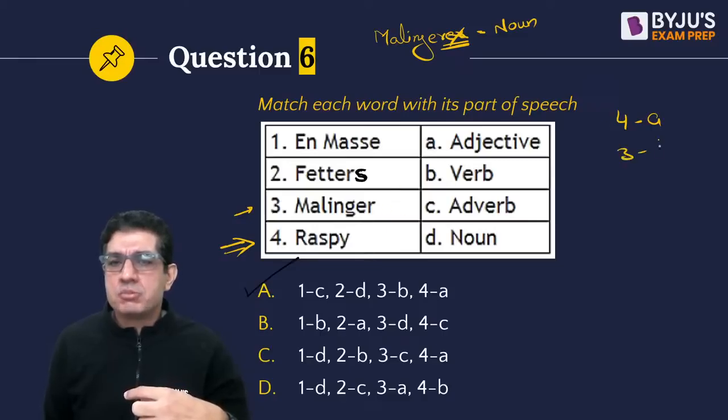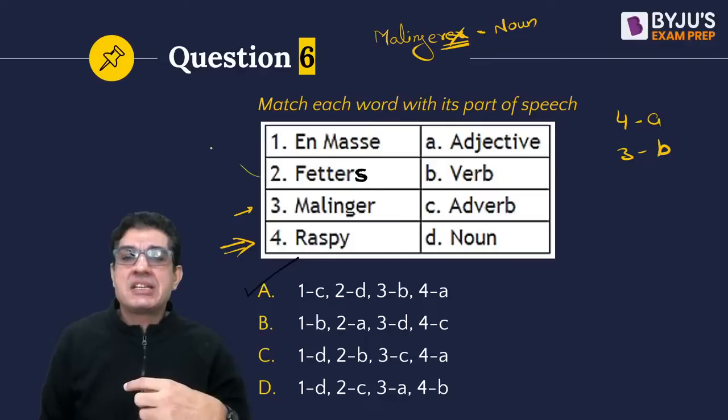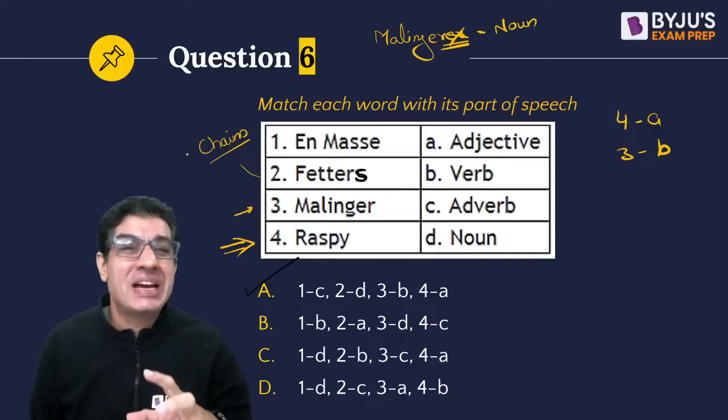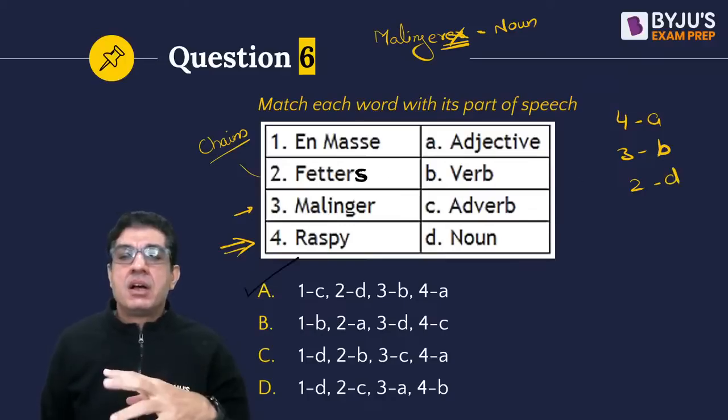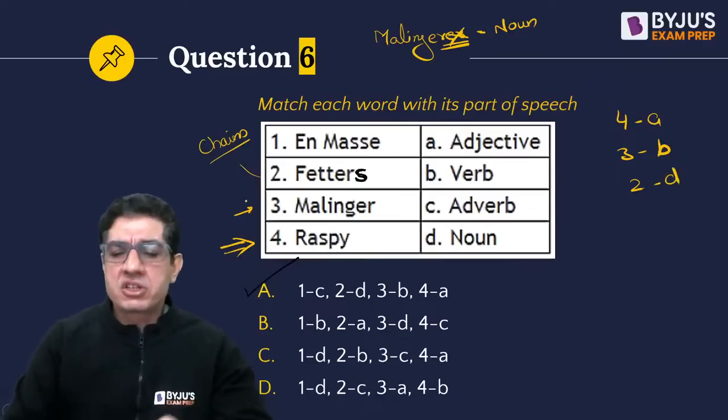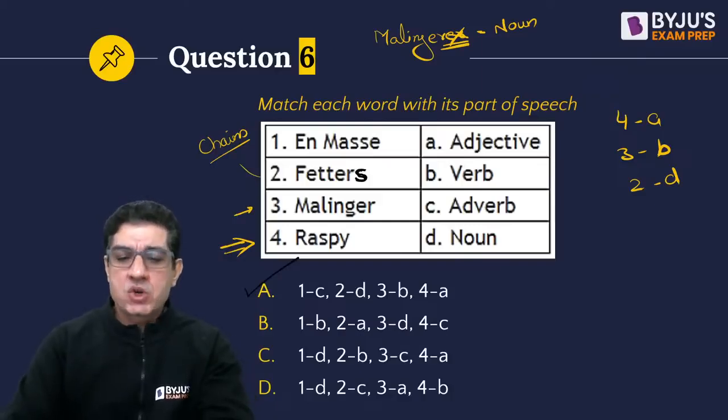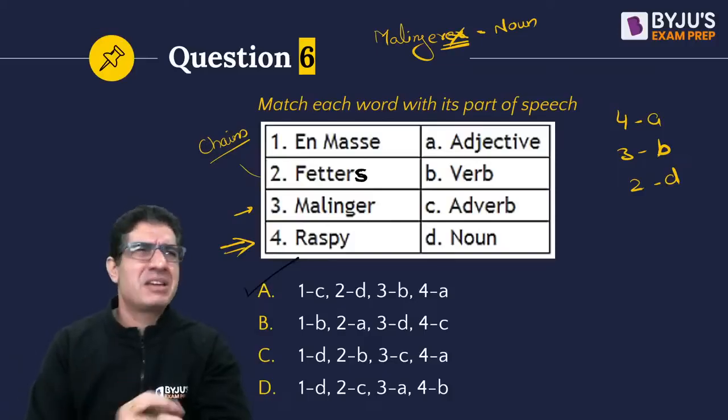So three is B. Then fetters are chains that you use to tie people. Bediyan, zanjeerein. That's very clearly a noun. And the first word, the pronunciation is en masse. En masse is all together in a group, at the same time in large numbers.